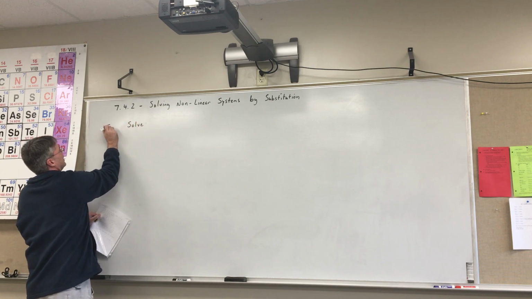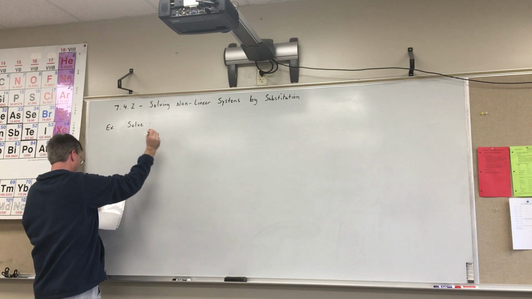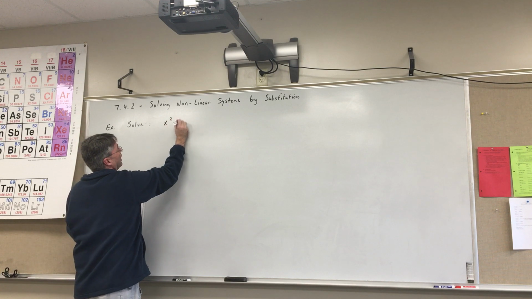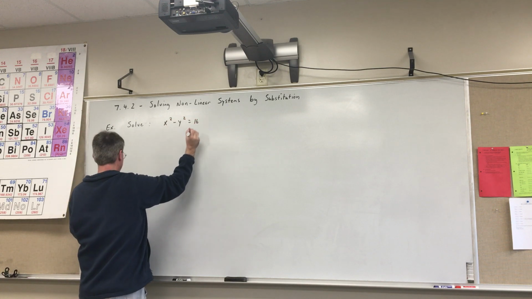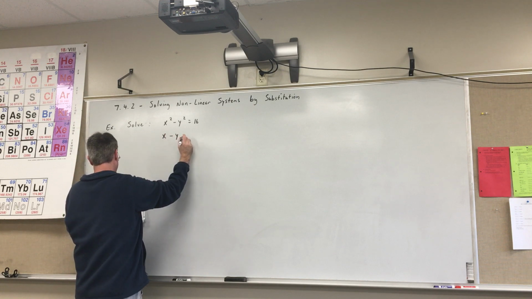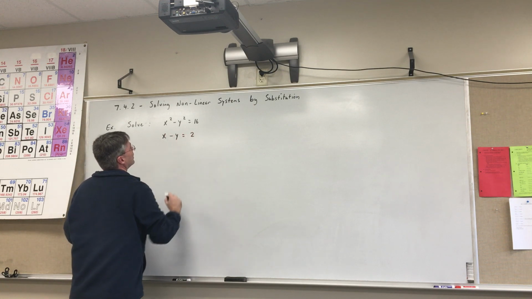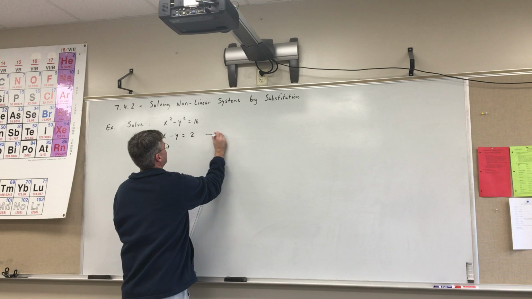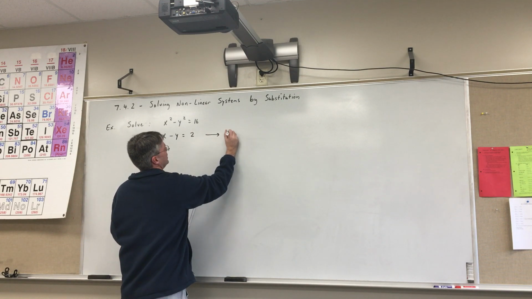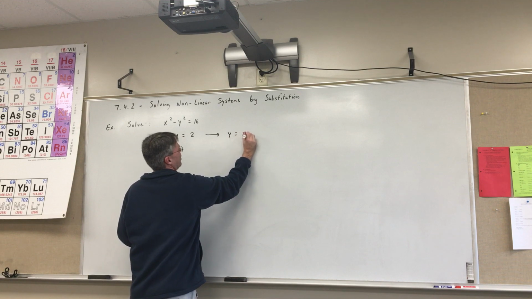So our first example is solve x squared minus y squared is equal to 16, and x minus y is equal to 2. So what I'm going to do is rewrite this. It'd be pretty easy to rewrite this as y is equal to x minus 2.